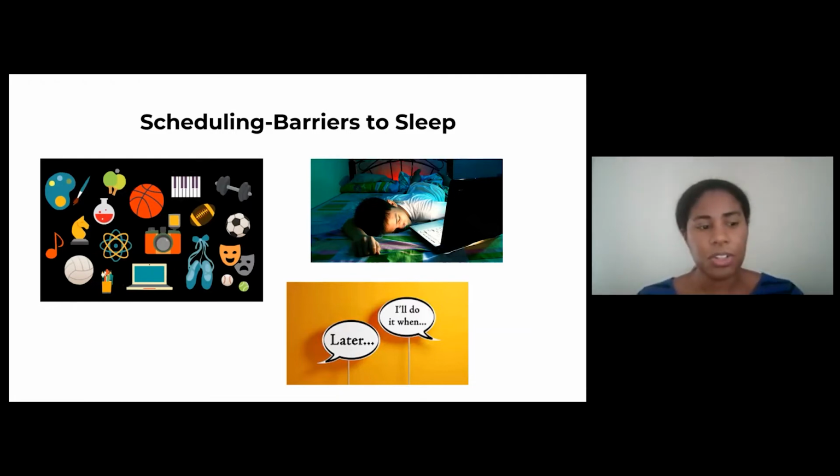We also need to think about other factors. There may be a lot of homework, but there may also be variation in one's ability to get it done because of individual differences or executive functioning. So, organization, procrastination. It's important to address that.